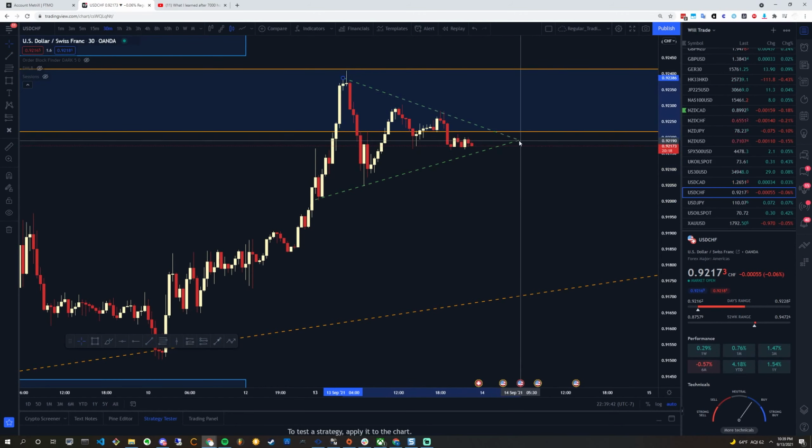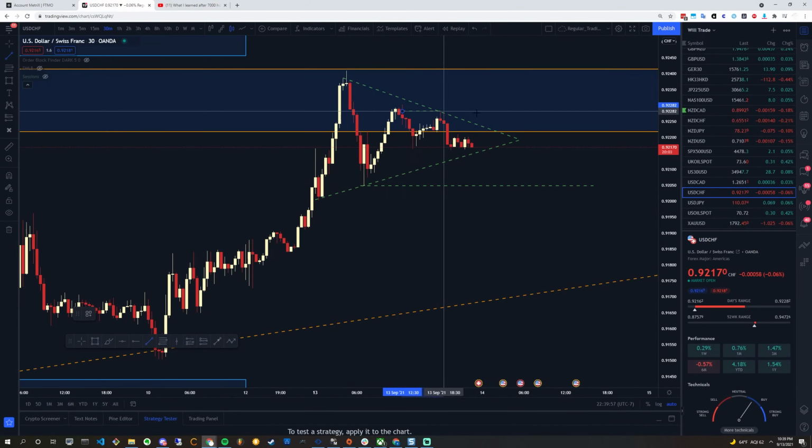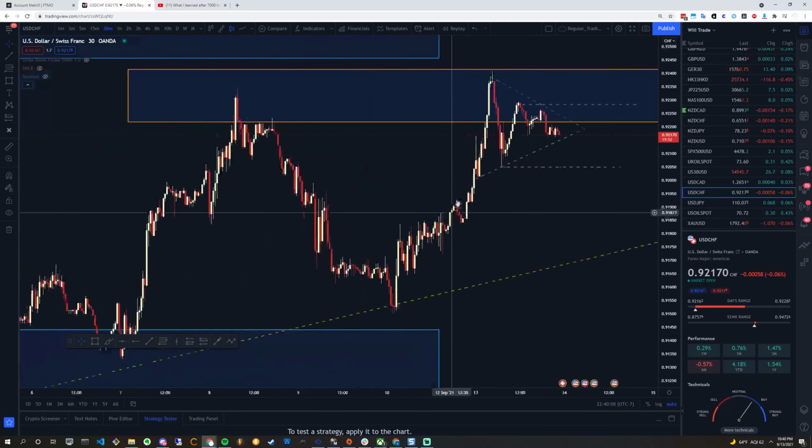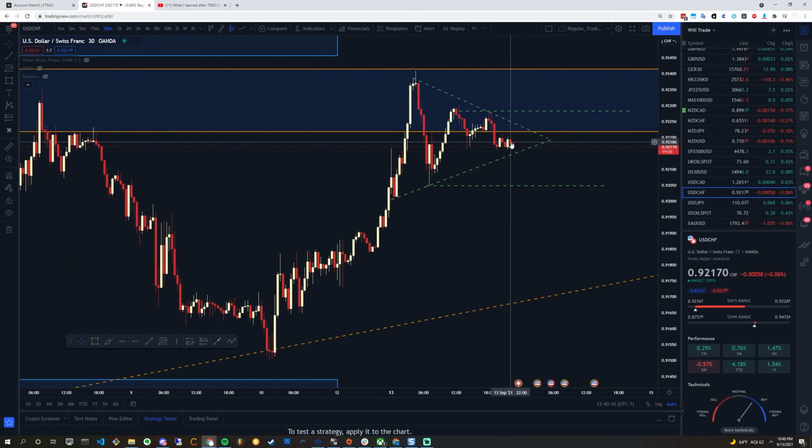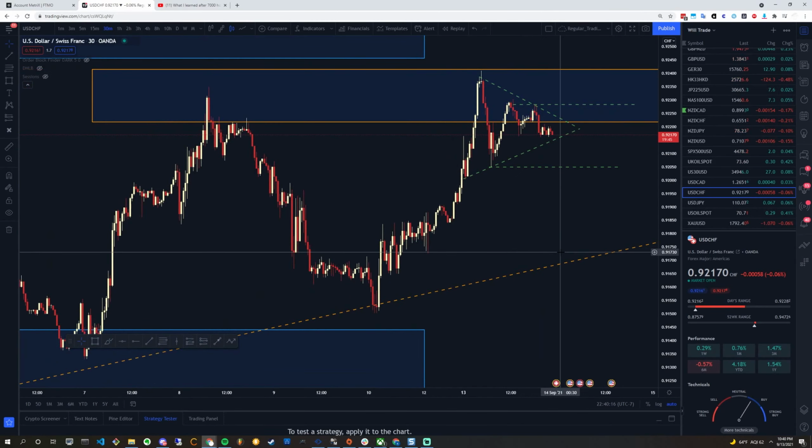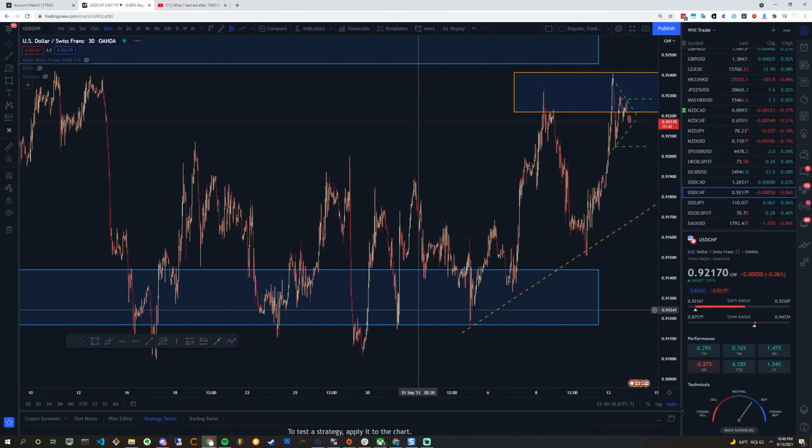So, based on what this is going to do, I would want to enter either at the break of this level here, or the break and retest of this level up here. But until then, I don't really feel the need to enter this. The other way we can look at it is if it breaks out of this pattern here, most likely we are selling down to the overall line here.